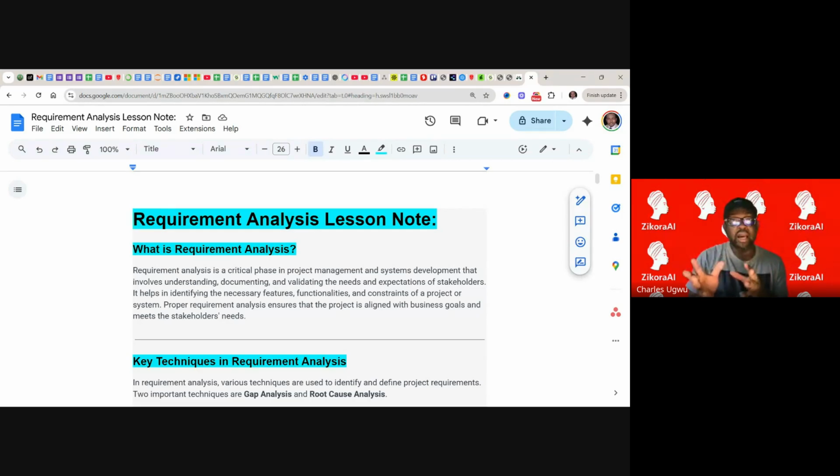We'll find out the gap. We've done a thorough root cause analysis. We'll find out the root cause of the problem. All these require solutions. They are not the solution itself. Root cause analysis is not a solution. Gap analysis is not a solution, but they will lead you to where you find the problem.